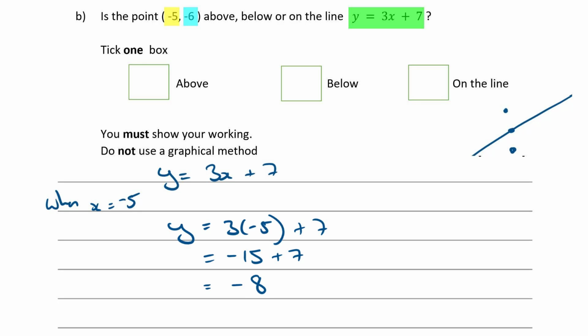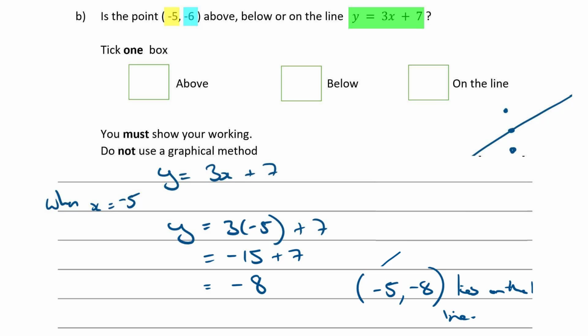So this has a coordinate of minus 5, minus 8. That's the point that lies on the line.